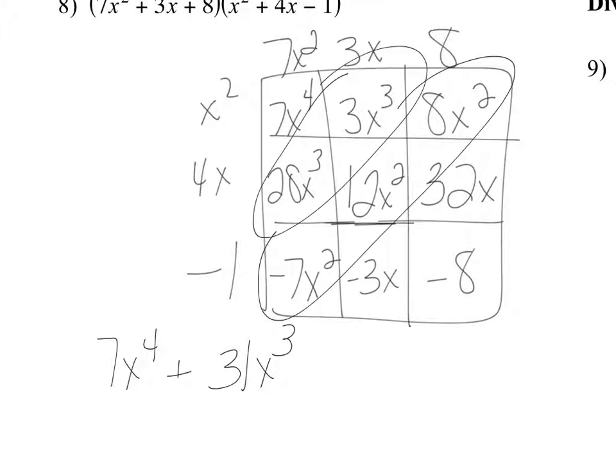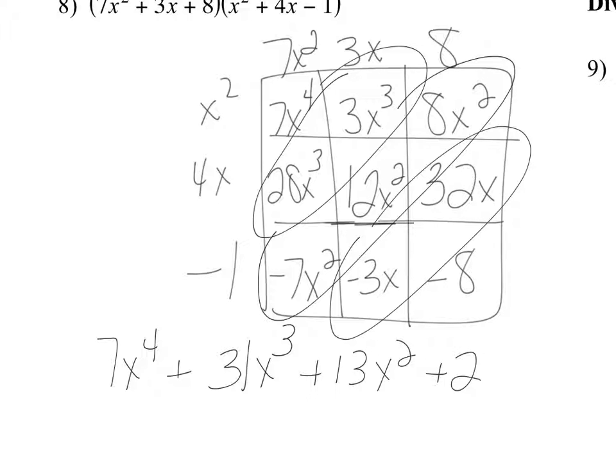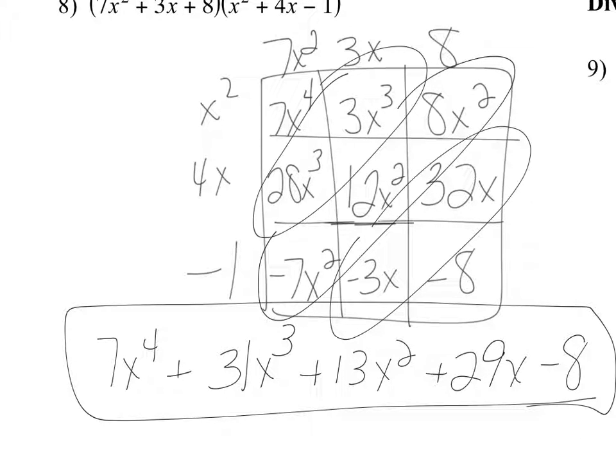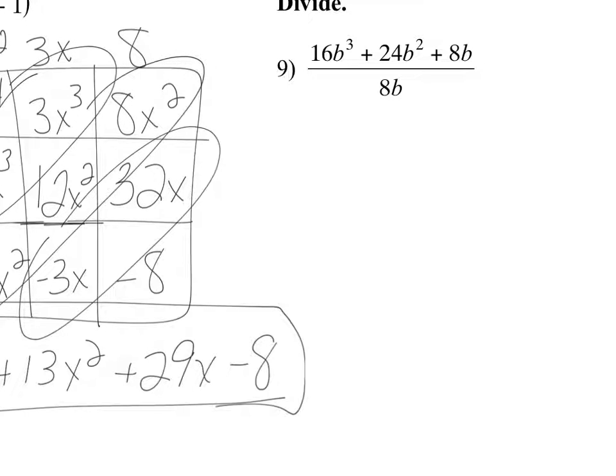Remember, the exponents don't change when you do this. So this is 13x squared. These two combined, 32 and negative 3 is a positive 29x, and then the negative 8 has no like terms. So when you do that, that's what you get, I hope.